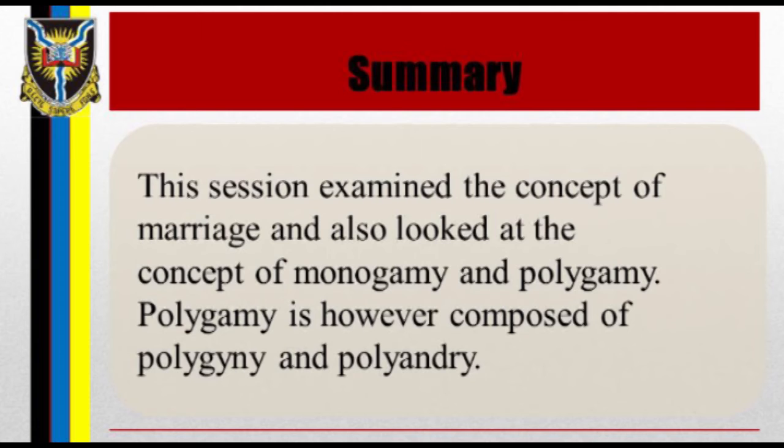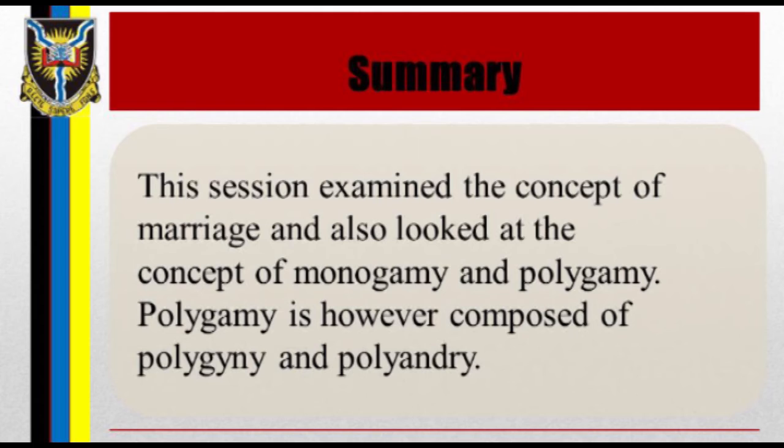Study session summary. In study session 4, you have learned that marriage is a publicly recognized alliance between a man and a woman. Such alliance grants sexual access and confers on the children a special place and right in their paternal or maternal lineage. Marriage can be monogamy or polygamy. Monogamy is most popular in most societies, while polygamy is mostly practiced in Africa and other Asian or Arabic countries.